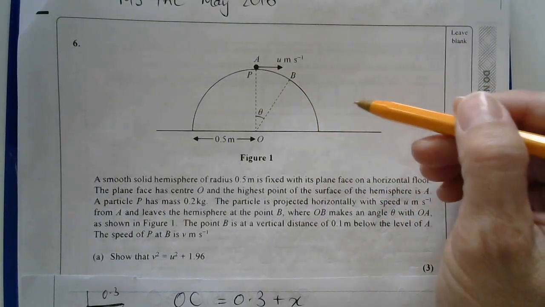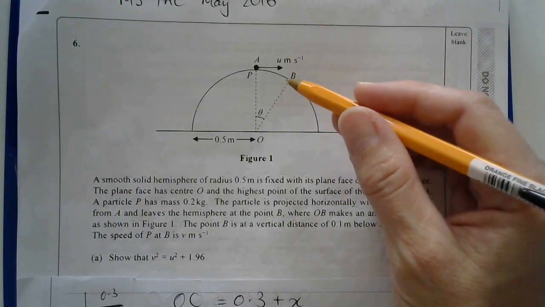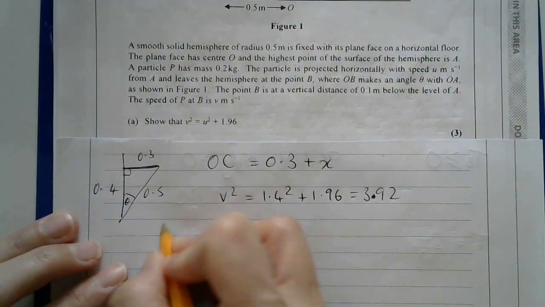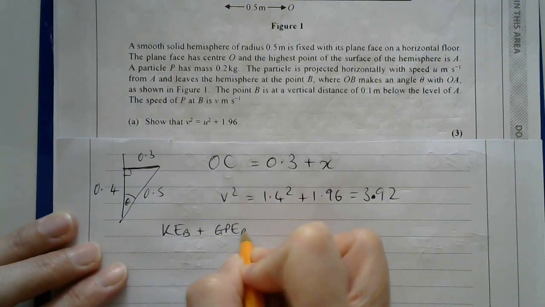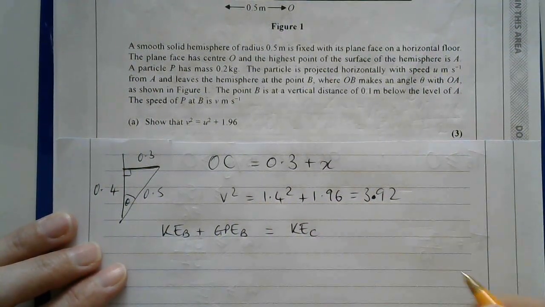So you can use energy to help you, or use suvat to help you. Now I'm going to use energy. So at B, there's this kinetic energy, and it's also got some gravitational potential energy. And I know that that is going to equal the kinetic energy at this point C.